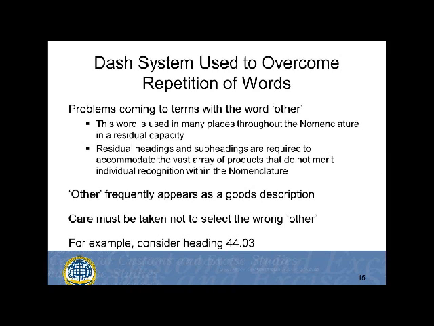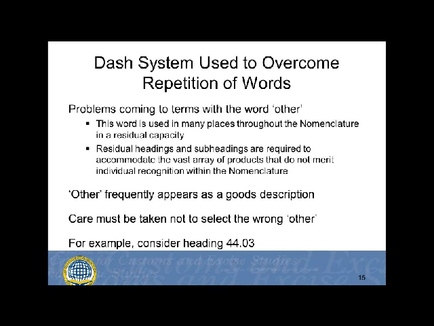Residual subheadings and headings are normally denoted by the word other. In my experience, classifiers have often had problems coming to terms with the word other. As the word other frequently appears as a goods description, care must be taken not to select the wrong other.